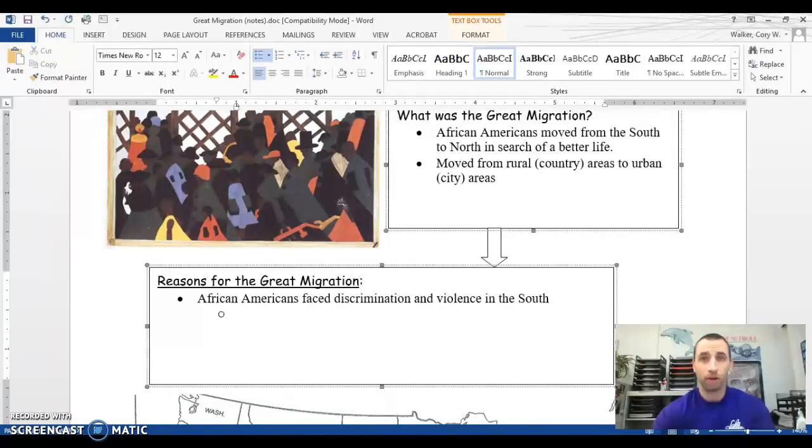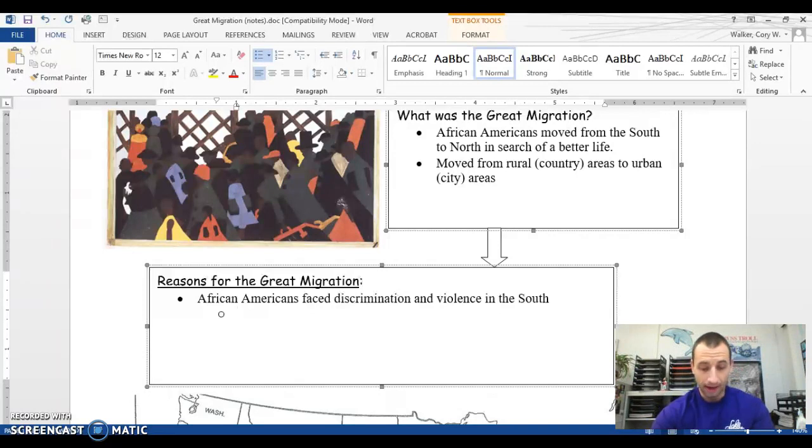Slavery had been long gone since the 1860s, but we've talked about how things were awful, particularly in the South, but all over the country as far as equality goes. There were Jim Crow laws, lynchings, and just basic discrimination. So a lot of African Americans said, I want out. I am going somewhere else where I don't have to face this stuff. And many of them headed into the North.